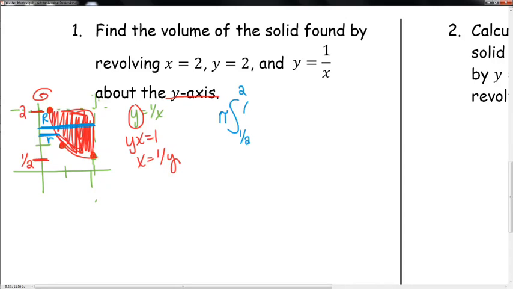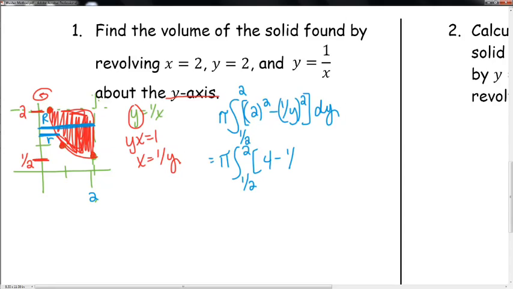And then I'm going to do capital R squared, which is, since this is 2, 2 squared, minus 1 over y, and I'm going to square that as well. So this becomes pi, being integrated from 1/2 to 2, 4 minus 1 over y squared dy.